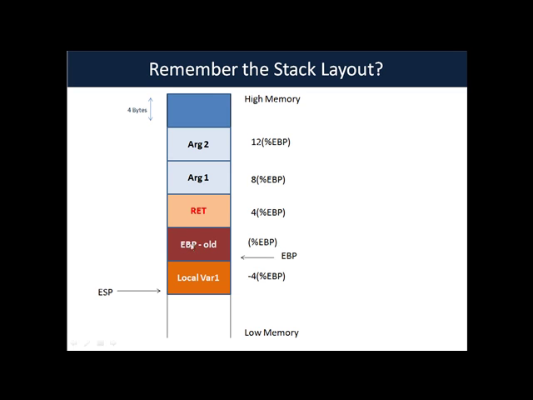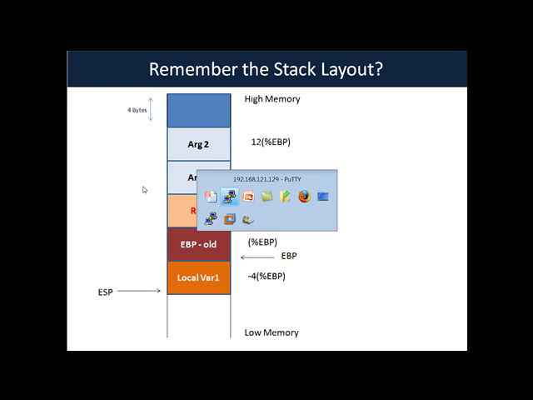Then the old EBP value is stored onto the stack. And then the local variables which are defined in that new function are once again stored on the stack. So now let's look at the sample program we discussed in the last slide to understand this in a more in-depth fashion.